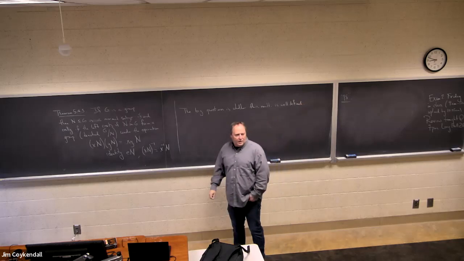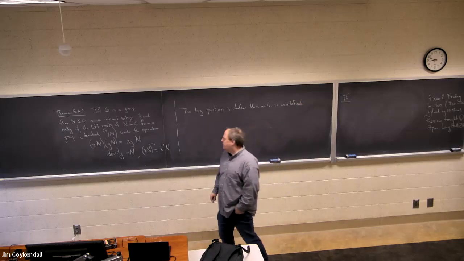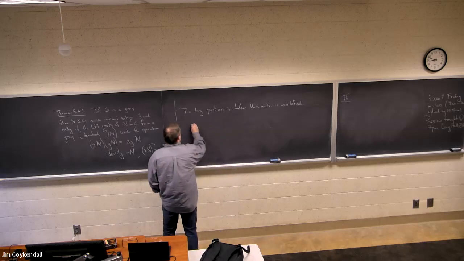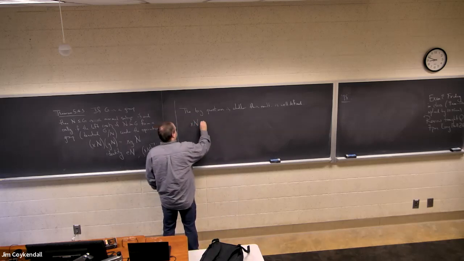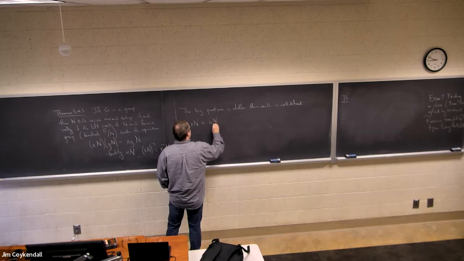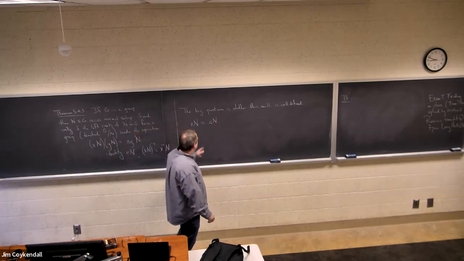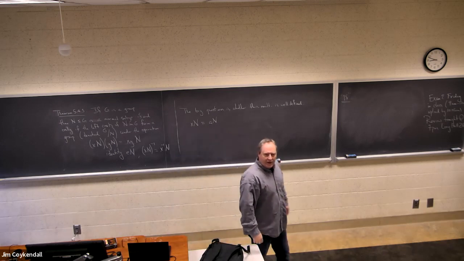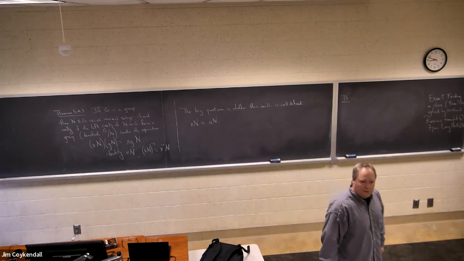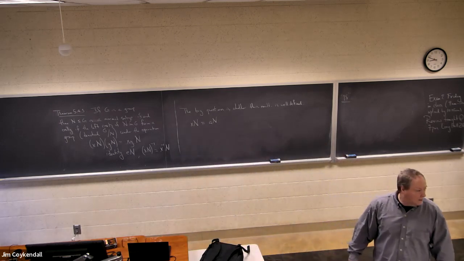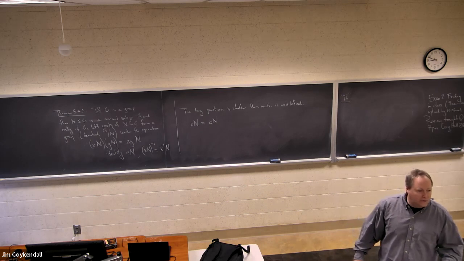And let me tell you what I mean by that. Suppose these cosets have as many elements as there are elements of n. Agreed? Because remember, all the cosets are the same size.